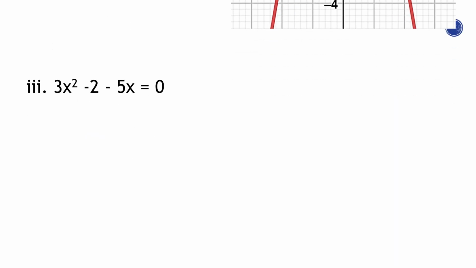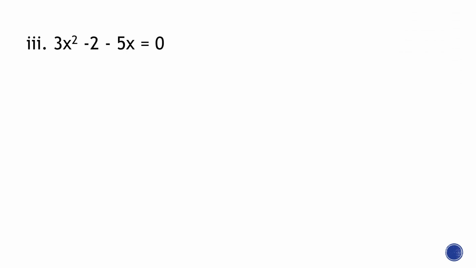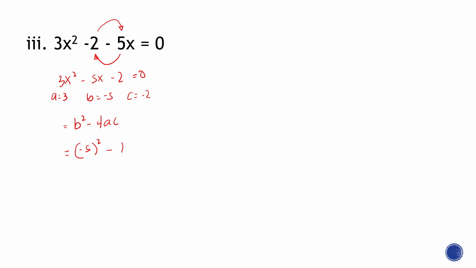Let's go to the third example. Okay, so this is not in standard form. We just need to switch 2 and -2 and 5x. So it's 3x squared minus 5x minus 2 equals 0. A is 3, b is -5, and c is -2. Okay, here's the formula. B is -5, minus 4 times 3 and -2.